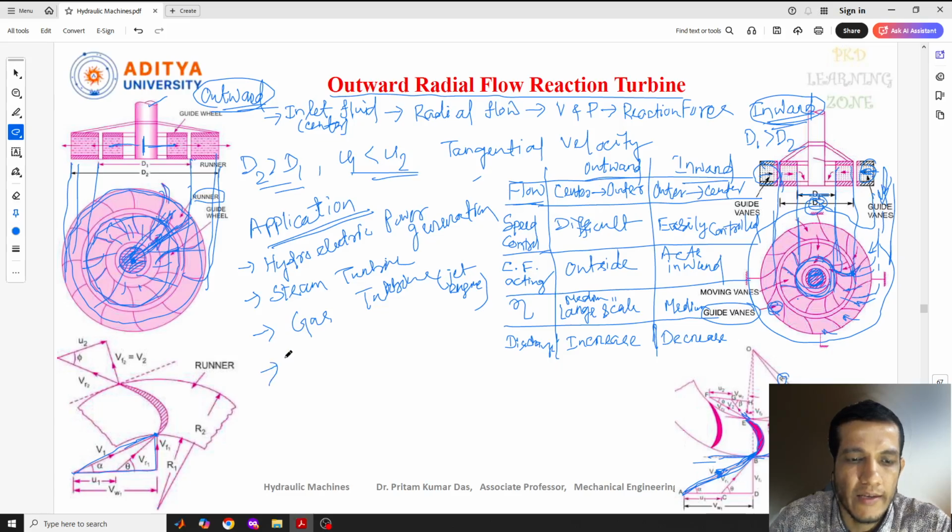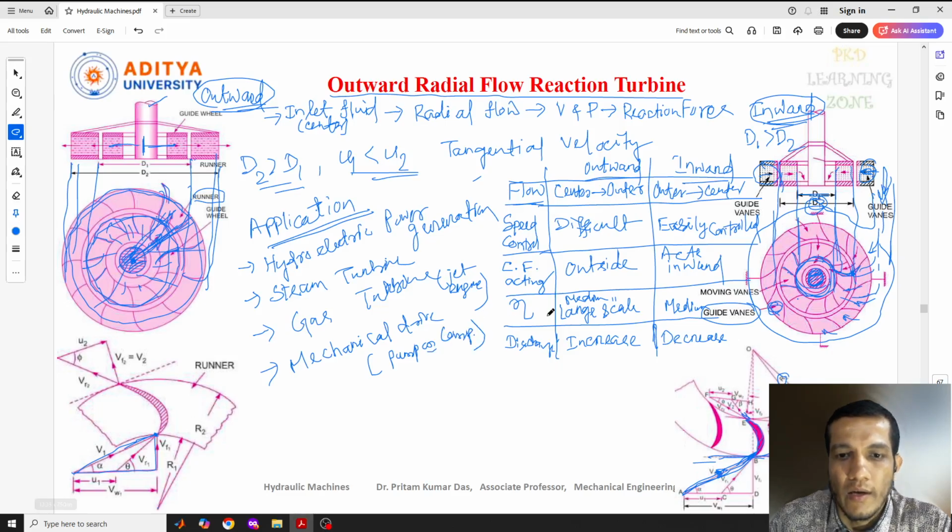And some other applications are pump and compressor, which can be written under mechanical drive. This can also be used in mechanical drive as a pump or compressor.